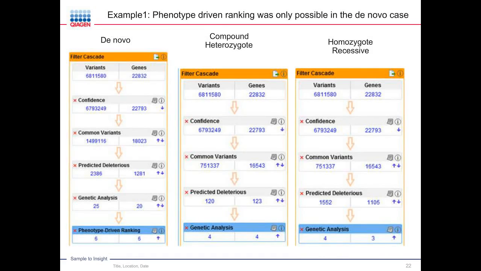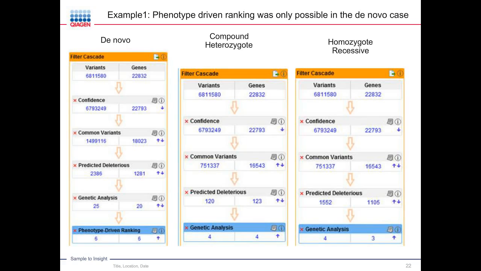So here, a different scenario. Now we are trying to add phenotype information. For the de novo case, we had 25 variants. For the compound heterozygote case, we had 4. And for the homozygote case, we also had 4 variants. Now we are adding our phenotype-driven ranking filter.